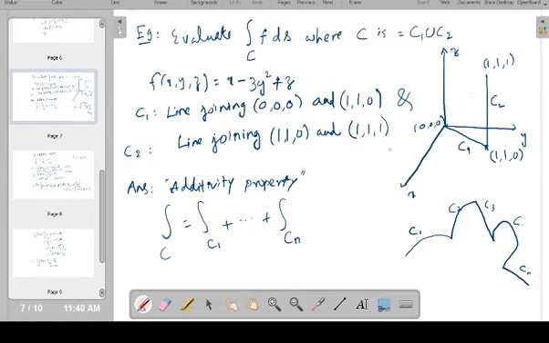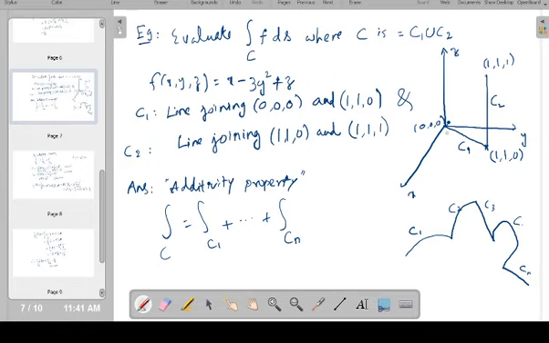The value of the integral in the first example, that means the straight line joining this point to this point, is different from the integral over C1 union C2 in the second example. That means the value of the integral depends on the path, not on the initial and final points.